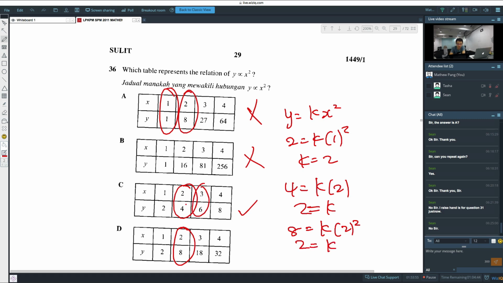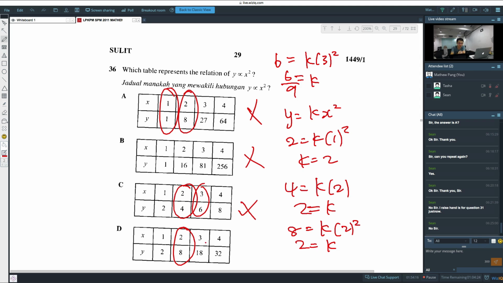Then we're going to try the third combination. This one is 6 equals k times 3 squared. So k equals 6 over 9. Therefore this is wrong.